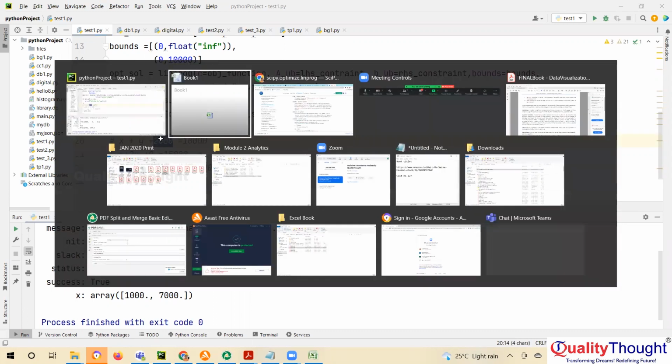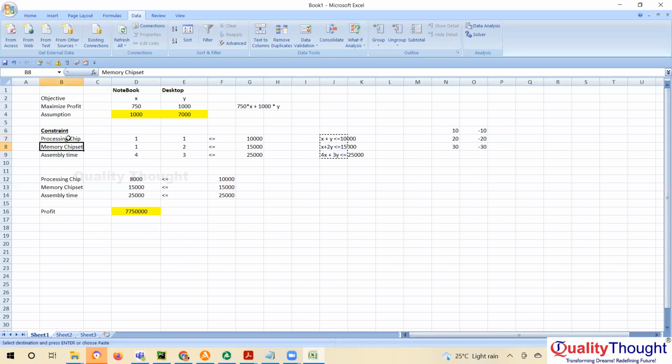Is it memory chips? No, it is processing chip. Sorry, my bad.